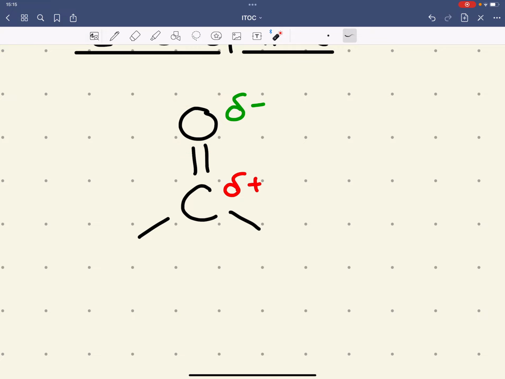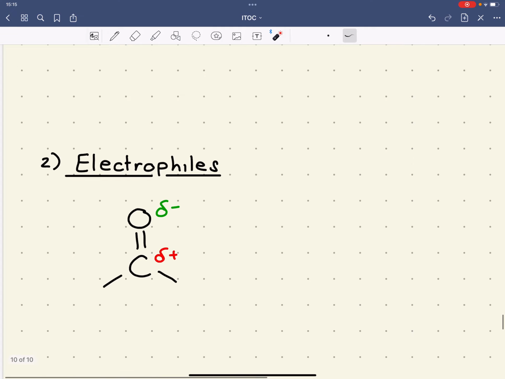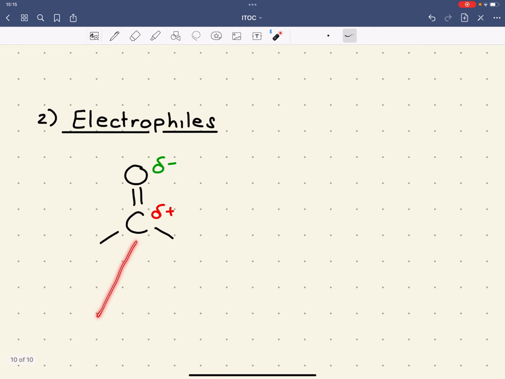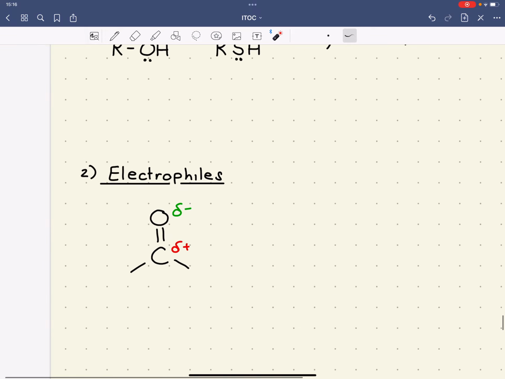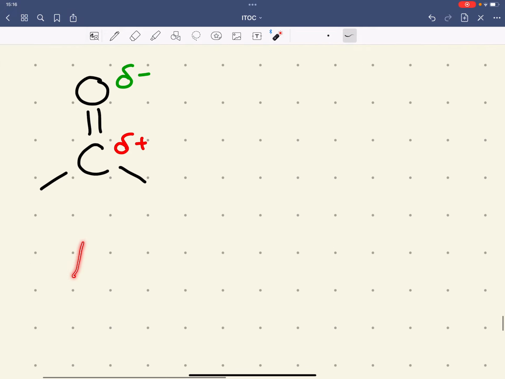This means that these nucleophiles, with their delta negative, will be attracted to this carbon. And what they usually do is use these lone pairs, or this pair of electrons in a pi bond, to attack and form new bonds with that carbon.